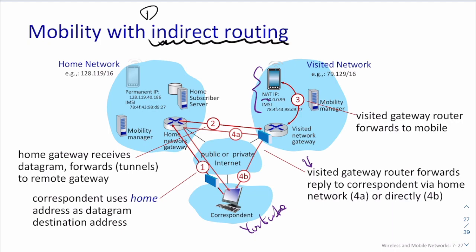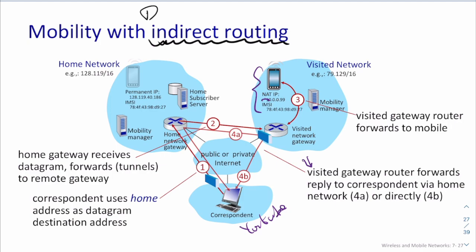So that is indirect. Or 4B, the visit network gateway will send your acknowledgement directly to the correspondent. So this acknowledgement will not go back to your home network. So that is the direct way.